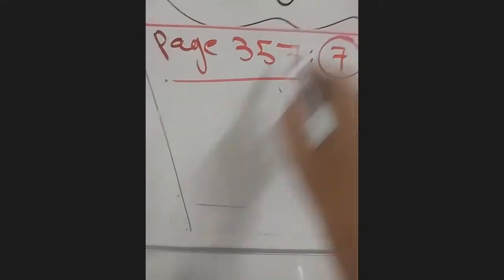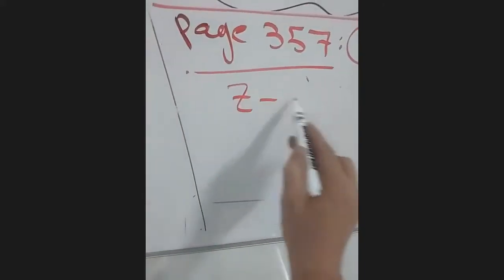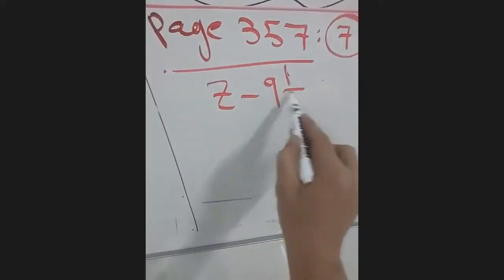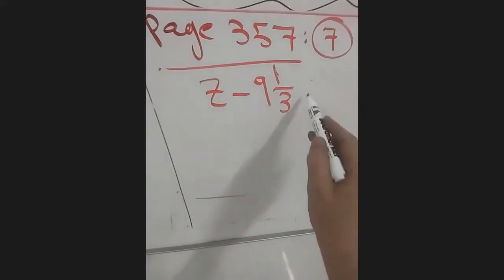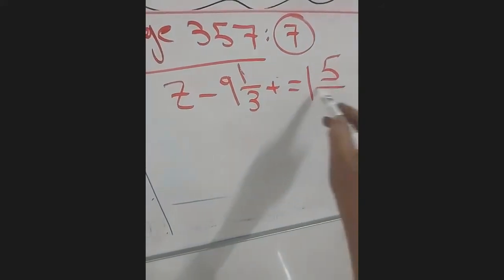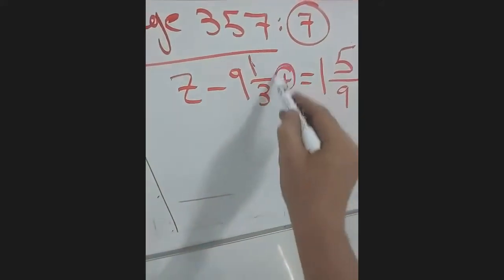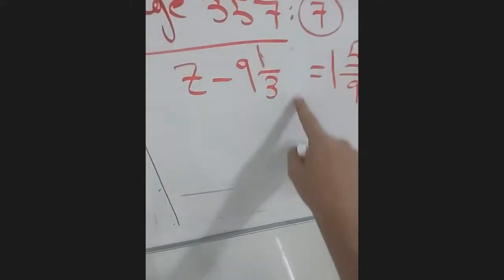Z minus 9 and 1 over 3 equals 1 and 5 over 9. Guys, this plus here is by mistake. Delete it.